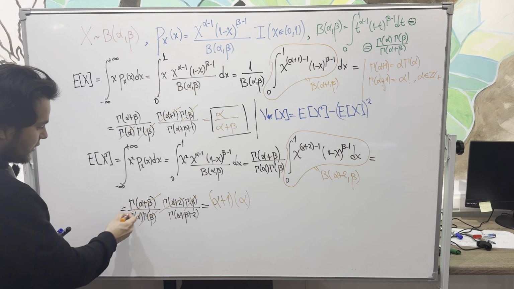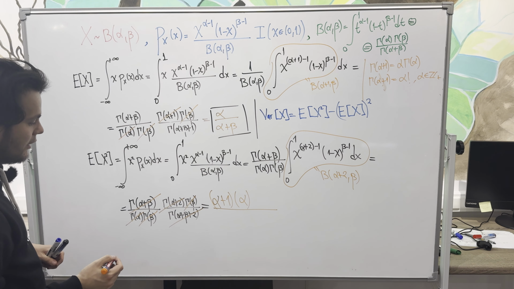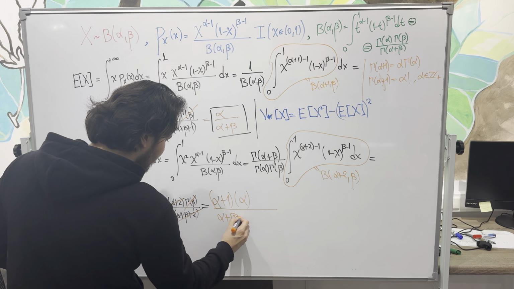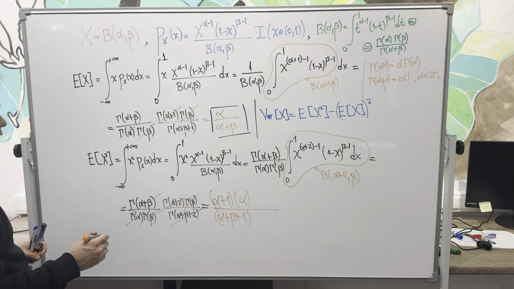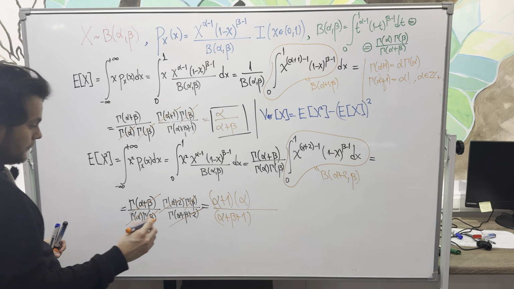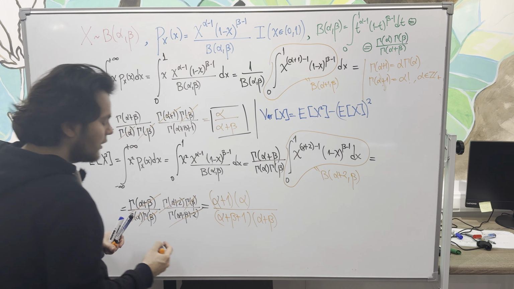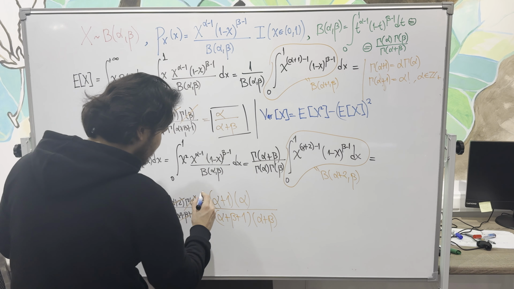And finally, we can cancel this one with this one. So in the denominator, we'll have alpha plus beta plus 1, and then alpha plus beta. So this right here is the second moment of the random variable x.